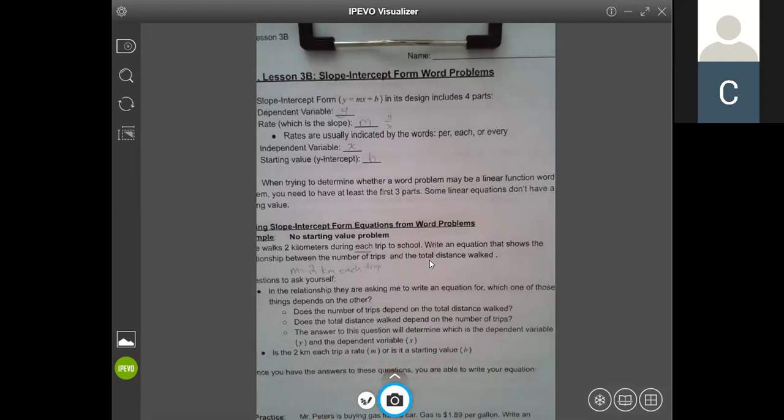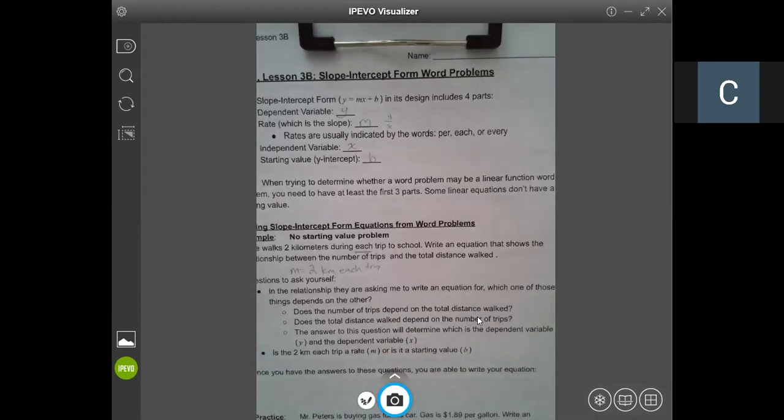Okay, sorry. If you make one trip, how far have you walked? 2 kilometers. Okay. So if you take 3 trips, how far have you walked? I think you walked like 6 kilometers.